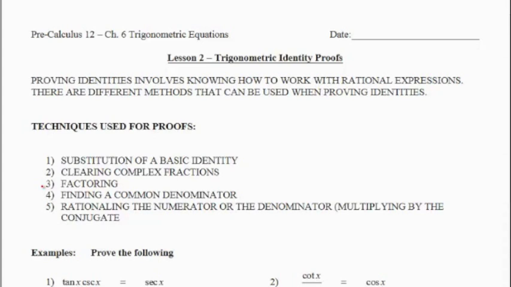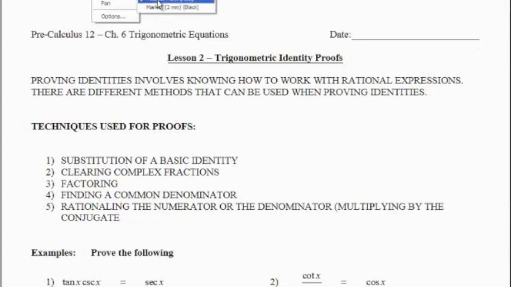Now, I've mentioned this in class over the year, that there's a whole bunch of different ways that we can do problem solving, and no two people may have the same way of looking at particular problems, especially these math puzzles. So at the top here we have some definite ideas that you need to consider when you're doing trig identities. Specifically, we may have to substitute for one of the identities.